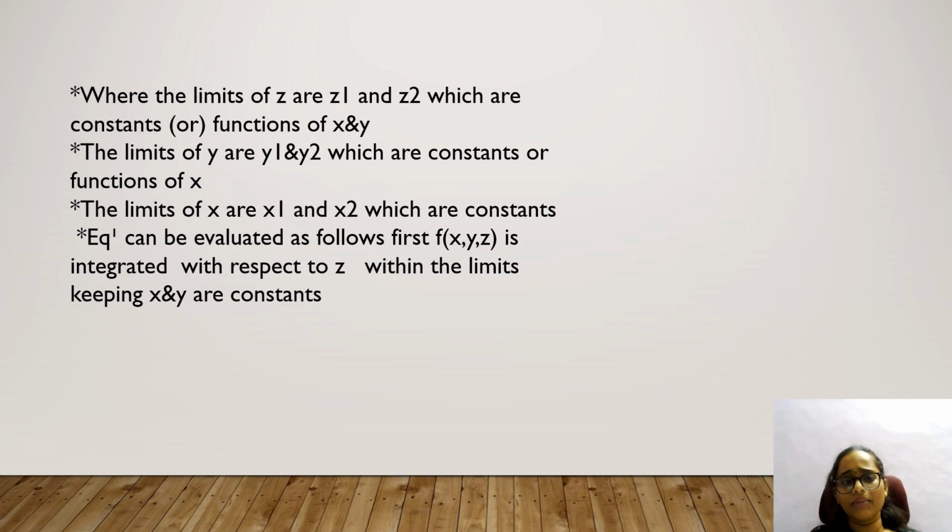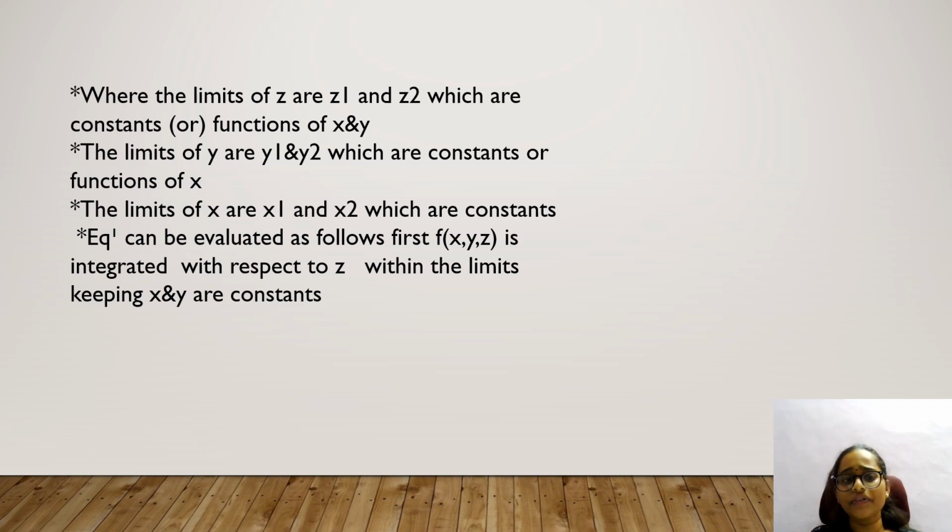Next, the limits of z are z1 and z2, which are functions of x and y, and the limits of y are y1 and y2, which are functions of only x, and the limits of x are x1 and x2, which are constants.